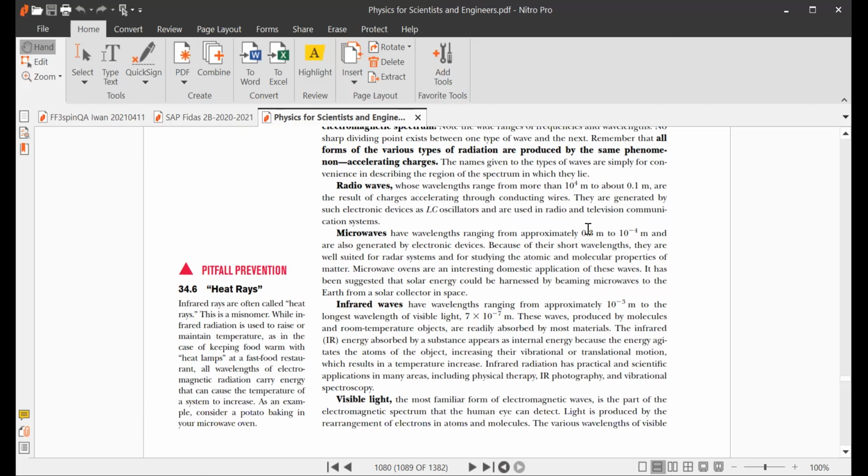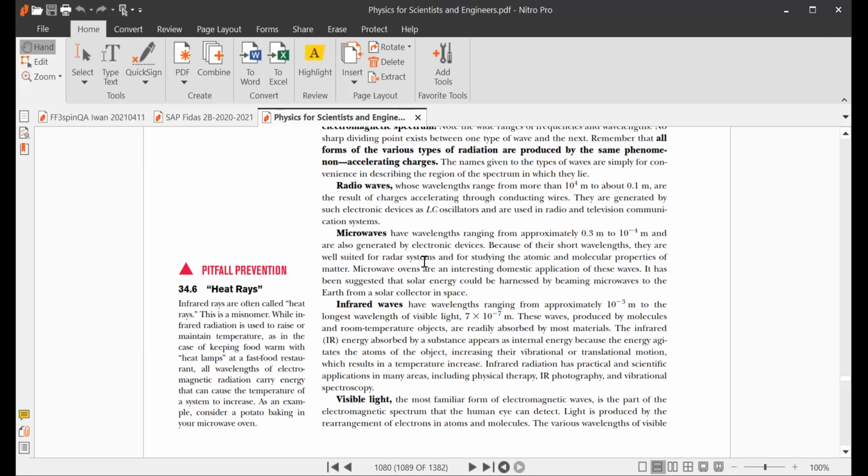The wavelength is around 0.3 meter to 10 to the minus 4 meter, from low frequency to high frequency. Microwaves we usually use for radar systems to detect an object, a massive or big object.